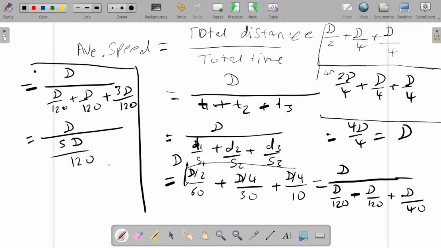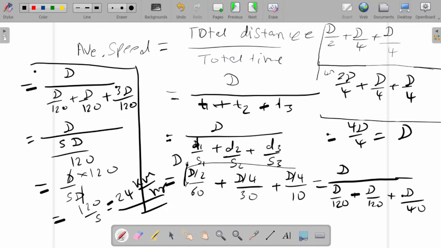Okay, so let me solve further. It will be d by 5d into 120. So d and d cancel, it will be 120 by 5. So we can say 5 24s are 120, so 24 kilometer per hour.